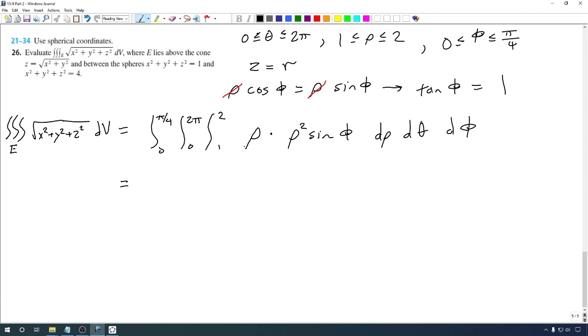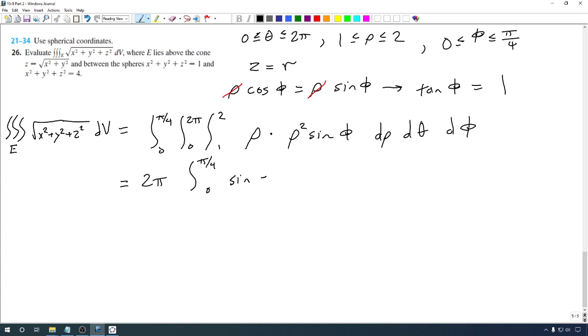Of course, here, because there's no thetas involved inside here, we can actually go ahead and turn the integral from 0 to 2 pi into just a 2 pi on the outside. We're going to go ahead and take out anything that has a phi in it, just because everything's being multiplied together. If this was the sum of rho and sine of phi, we couldn't do that.